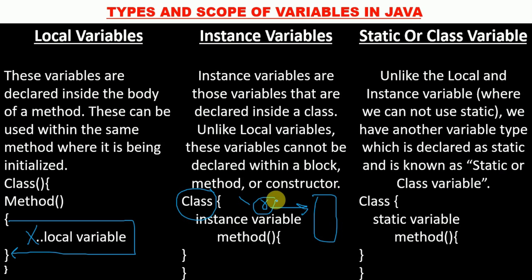Now what is the scope of the static class variable? Till the program ends, our class variable will work, because it is not working like an instance variable where we create an object and with the help of that object we point out the variables.